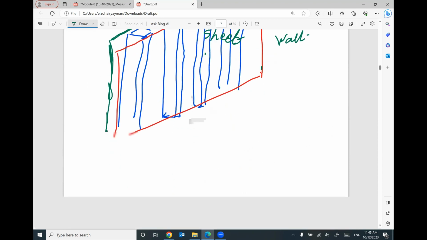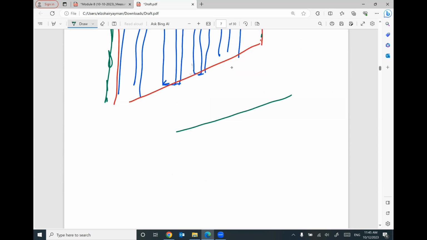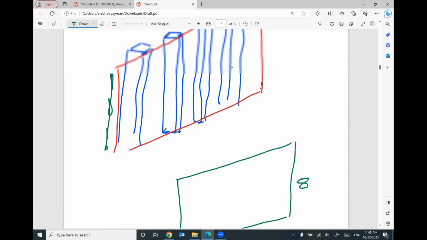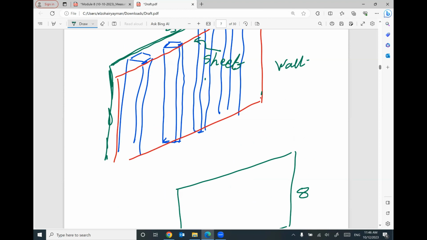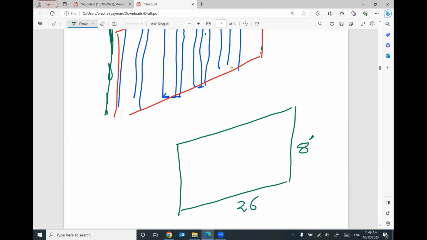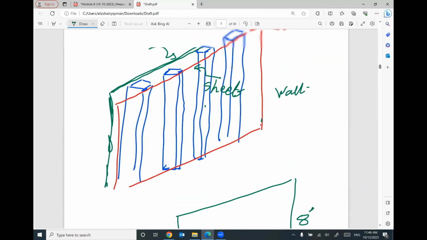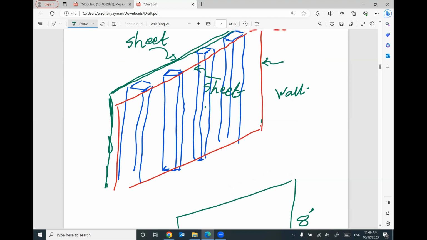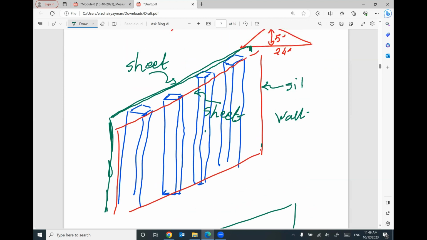Yeah, it makes sense. One more time, you have a wall. This wall is 26 by 8. If you would like to order plywood for this wall, it's not only 26 by 8 and that's it. This is only the surface area for the plywood from this side of the wall.